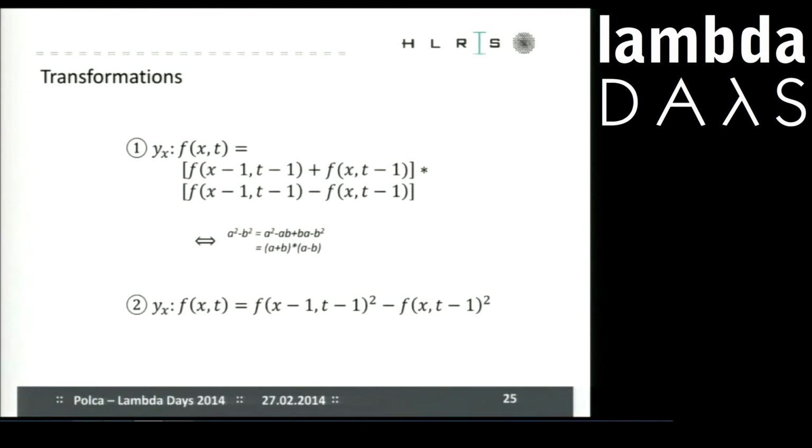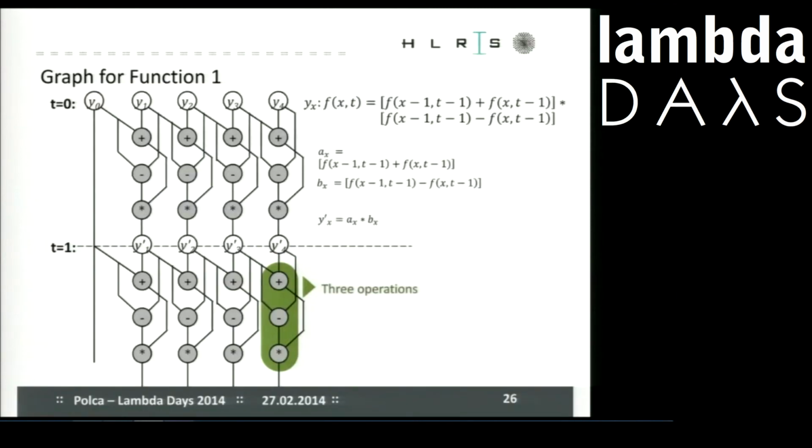For example, we can have a formula like this on top, and through a mathematical transformation, we can go to the second one. They are completely equivalent, but if we represent them, we will see that they are completely different and they have a complete impact on how they can be executed. For example, this is the first one.